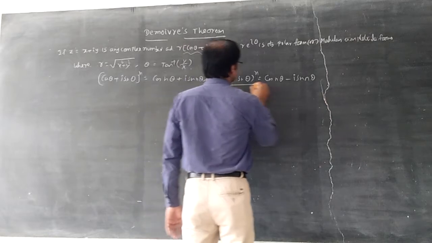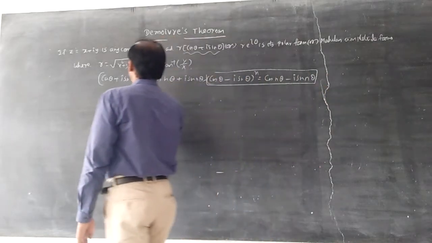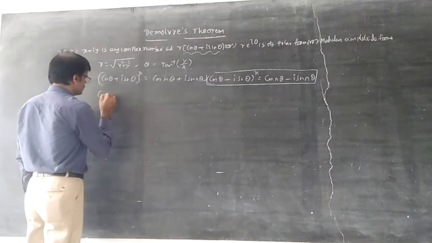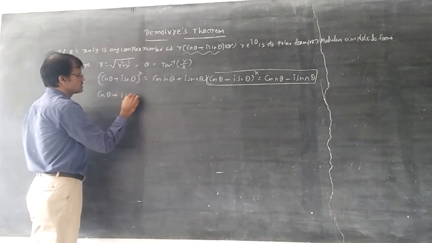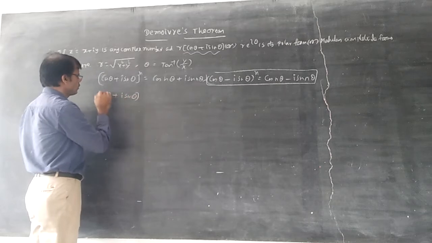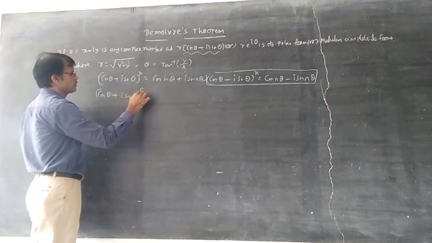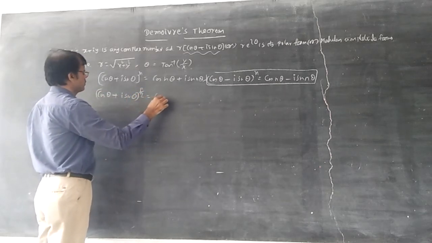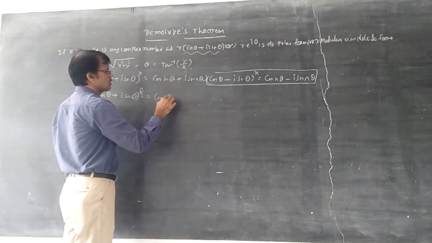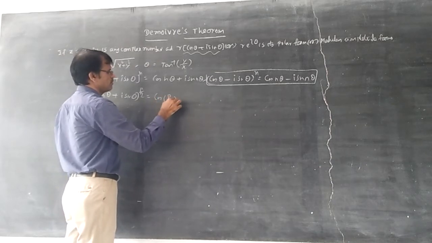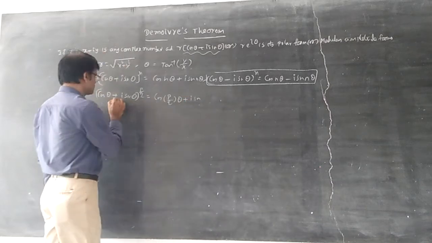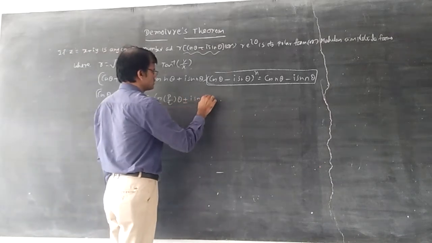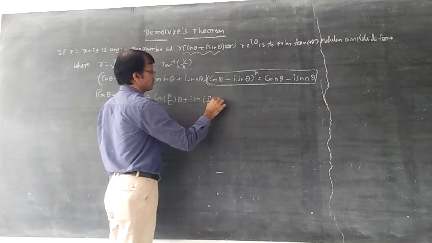And cos theta plus i sin theta whole power p by q can be written as cos of p by q into theta plus or minus i sin of p by q into theta.